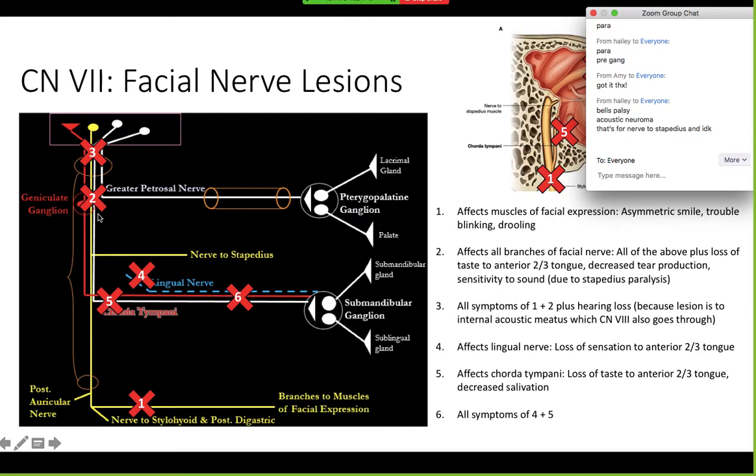Whereas you just say, here's some corticosteroids, and hopefully this goes away in a month or two. So make sure you know the difference between lesion 2 and lesion 3.